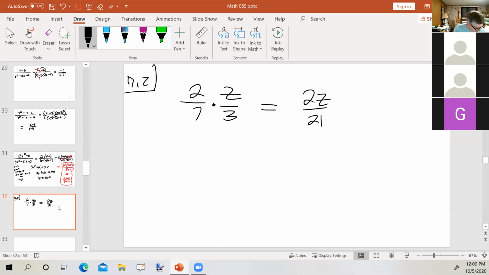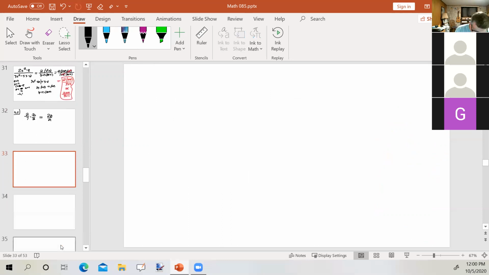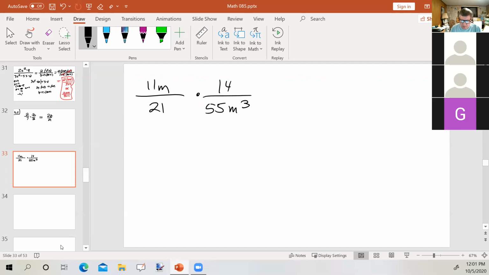And let's see, what about this one? 11m over 21 times 14 over 55m cubed. Now, again, we could multiply straight across, but it would be easier to reduce first rather than multiply and then reduce. The 14 over the 21 is 2/3.